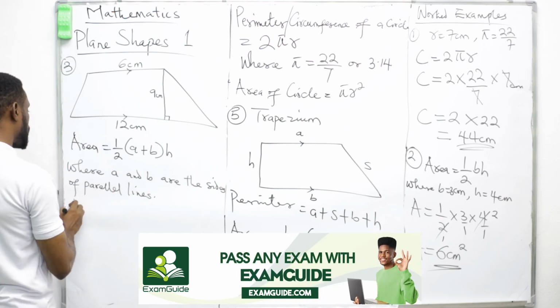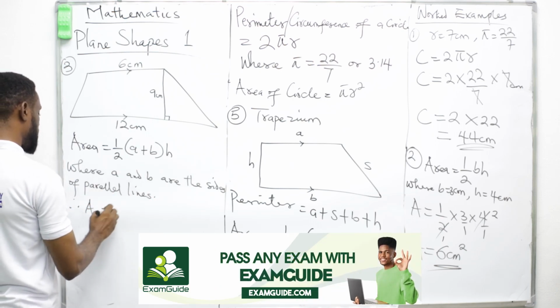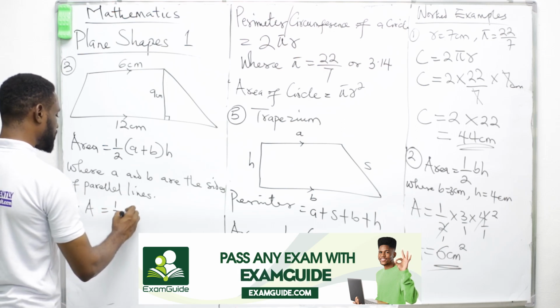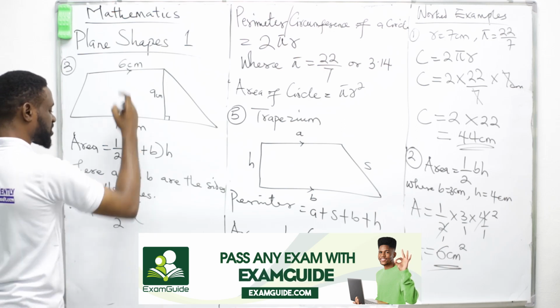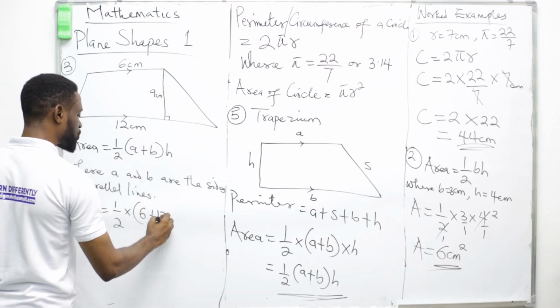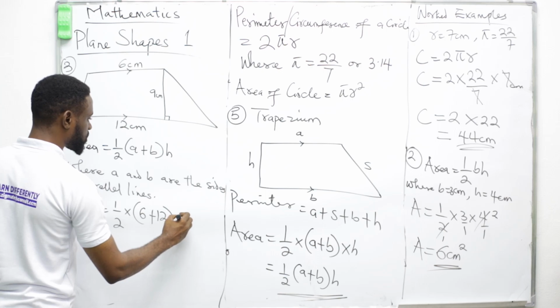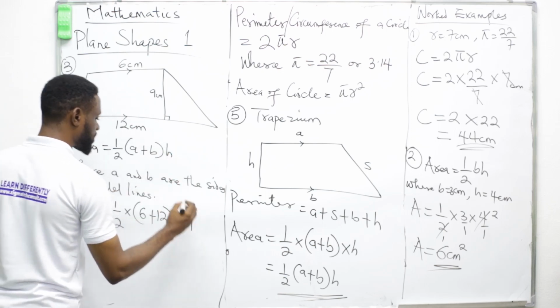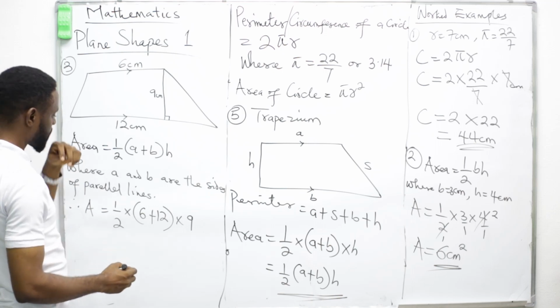Therefore, area, denoted as A for us here, is equal to 1 over 2 times A is 6, plus B is 12, times height, 9. Do you get that?